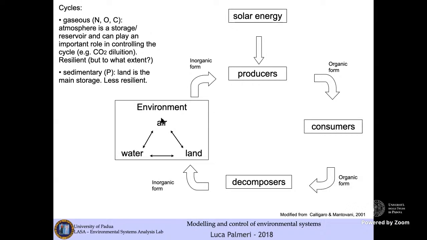There is an internal cycle from the atmosphere to the lithosphere to the hydrosphere, as we have seen. So there is a continuous exchange of elements between these four spheres. So this is the hydrosphere, atmosphere, lithosphere, and this is the biosphere part of the story.